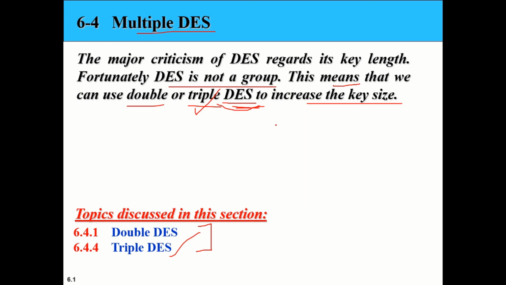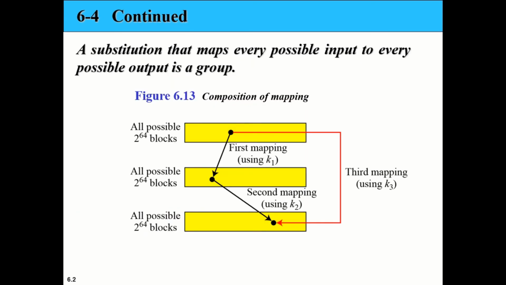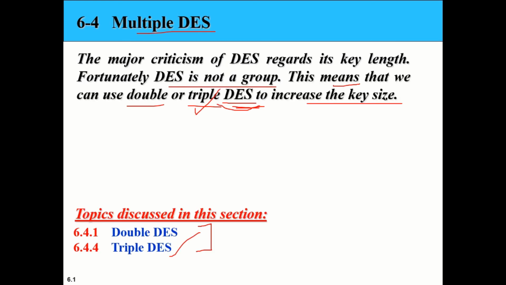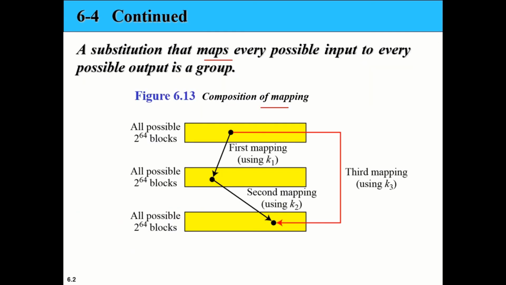A group is something which could map all the inputs to some other outputs, right? We need not go into much detail of it, but the thing we need to understand is that we can double or triple the process or the algorithm itself, just to increase the size of the key, right?